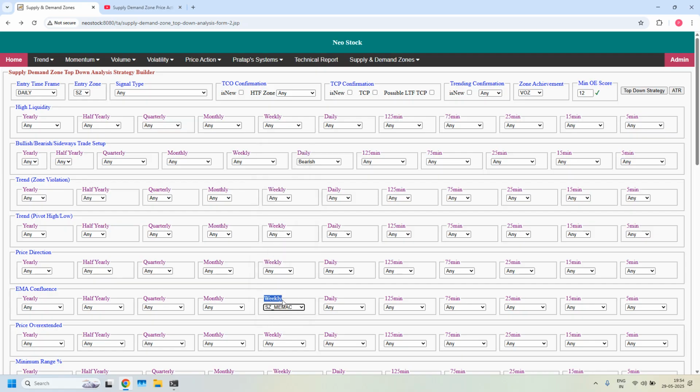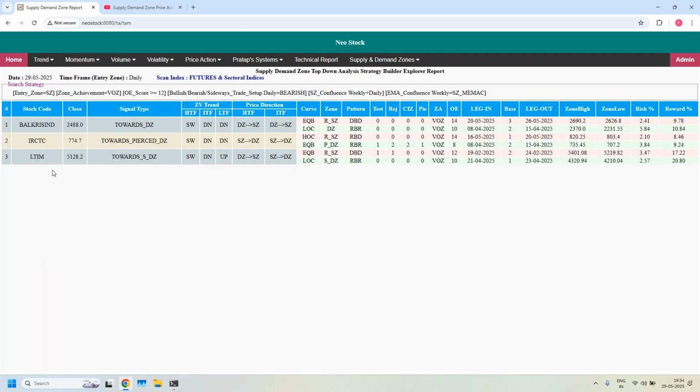Anyway, trend is downtrend. You can directly apply weekly supply zone. So now out of 4, we got 3 stocks filtered. In all the 3 stocks, these daily supply zones are having more high probability to get success. All the 3 supply zones.